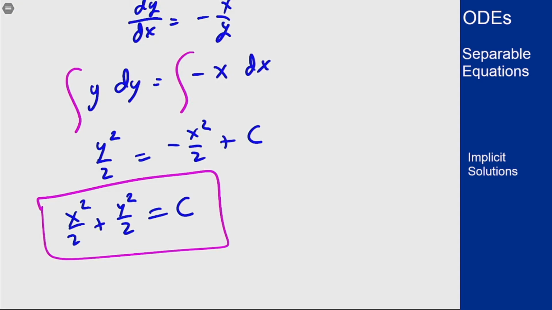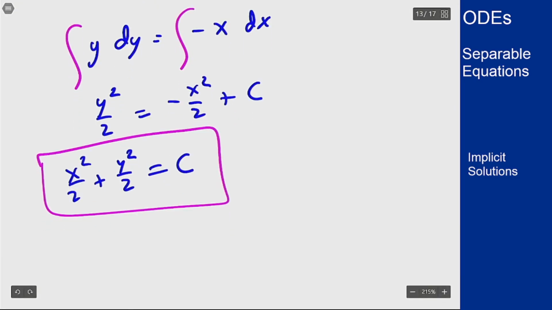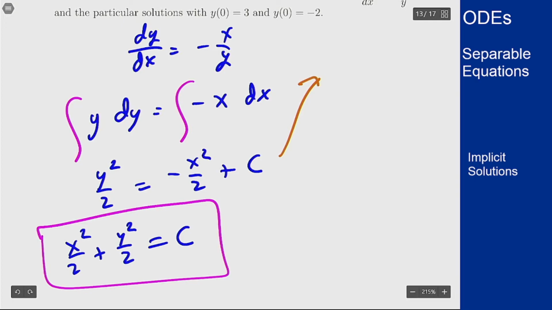And why is that? Well, I could try to solve for y, but if I take this expression and multiply through by 2, I get that y squared equals negative x squared plus 2c, and I can take the square root of both sides to get that y is equal to plus or minus the square root of 2c minus x squared.